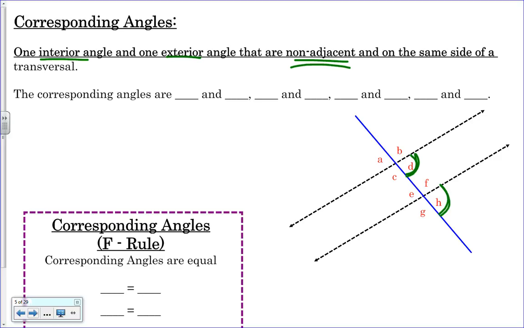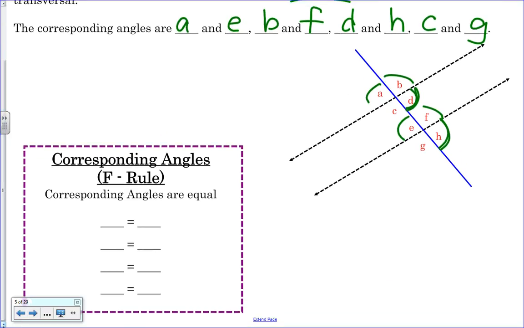So we can label all of these. I know that I would have A and E, B and F, we've already talked about D and H, and then obviously it would be C and G. So those are the pairs of corresponding angles. Now this one's kind of cool. Again, you can look for letters that tell us what angles are going to be exactly the same.